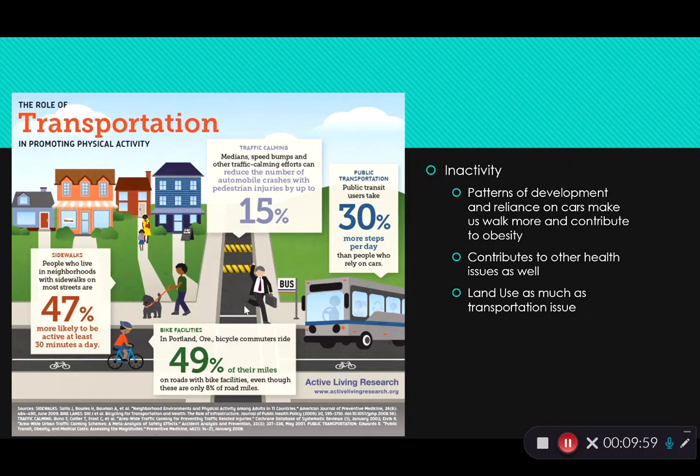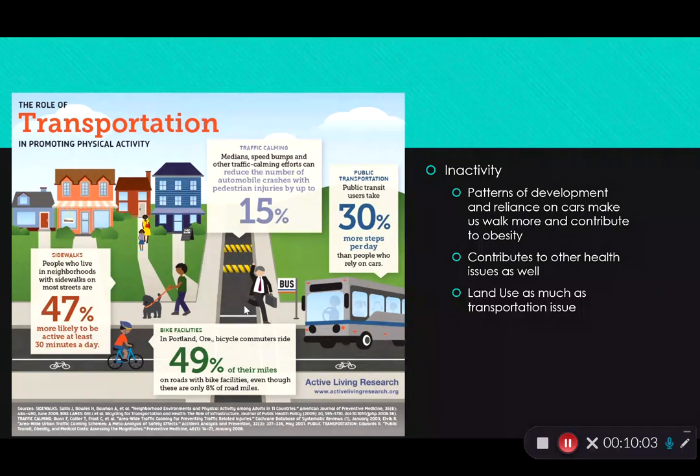The more you sit, the more susceptible you are to things like high blood pressure, heart disease, all of these other health challenges. And again, this is a transportation issue, but it's also a land use issue because we've designed our cities and our communities to be auto-dependent, auto-oriented. We've segregated uses, built these sprawling residential neighborhoods where there's nothing close.